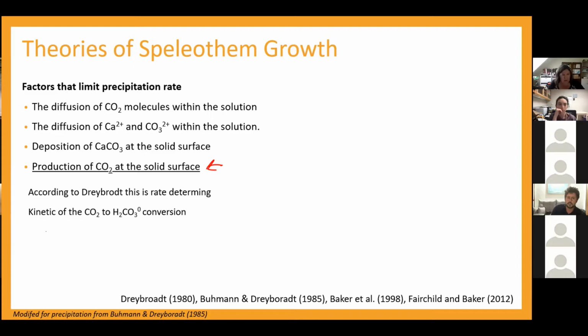As we know, in the precipitation of calcite we have CO2 plus water giving carbonic acid, H2CO3, which dissociates into one hydrogen and one hydrogen carbonate that then will dissolve the calcite. And this reaction is really rate determining.